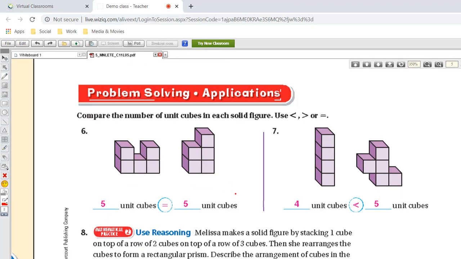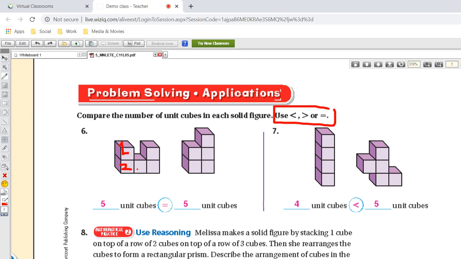Let's see here. Compare. We are comparing between two figures using these symbols: smaller than, greater than, or equal. Firstly, you have to count the number of unit cubes in the first figure and then the second figure, as we studied on the previous page.